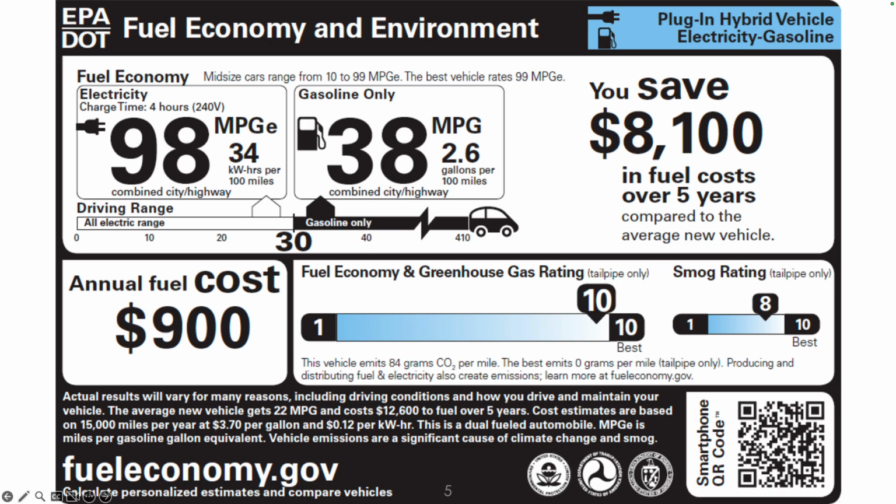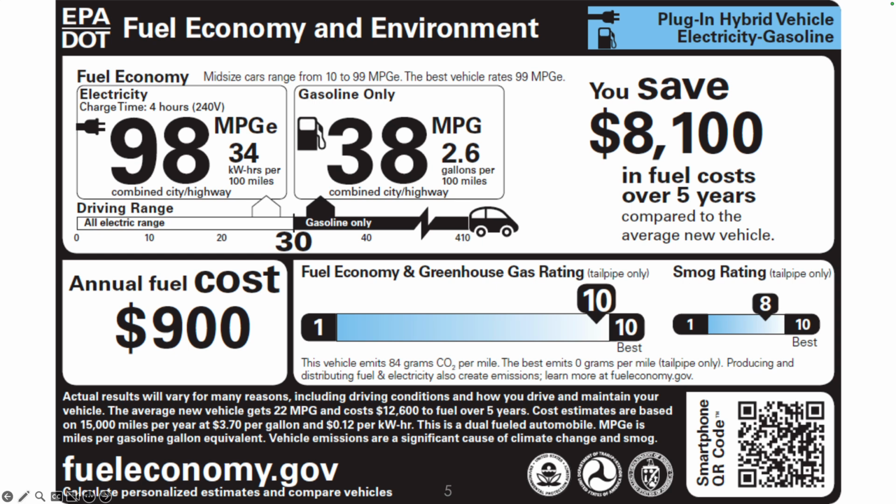So has anyone ever seen an infographic like this before? No one's bought a car in the recent past? Okay, so if you were to go to a dealership, you would see this little pamphlet stuck up against the car windows.